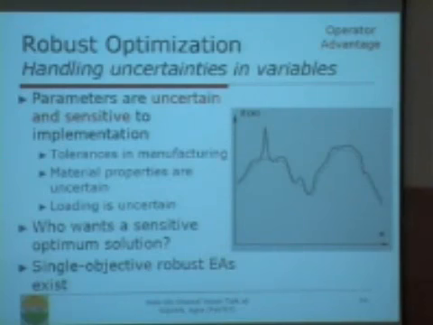But then if your objective function and constraints are too sensitive to this fluctuation, what you optimize for, and if you cannot achieve this exactly, then if your function drops suddenly, you are not interested in those solutions, because you know that your manufacturing process cannot achieve that exactly. So although this is the global maxima, you are interested in such an optima, because that's quite flat. Even if you cannot achieve it, you are not too bad. So these solutions are called robust, and these are not global optimum.